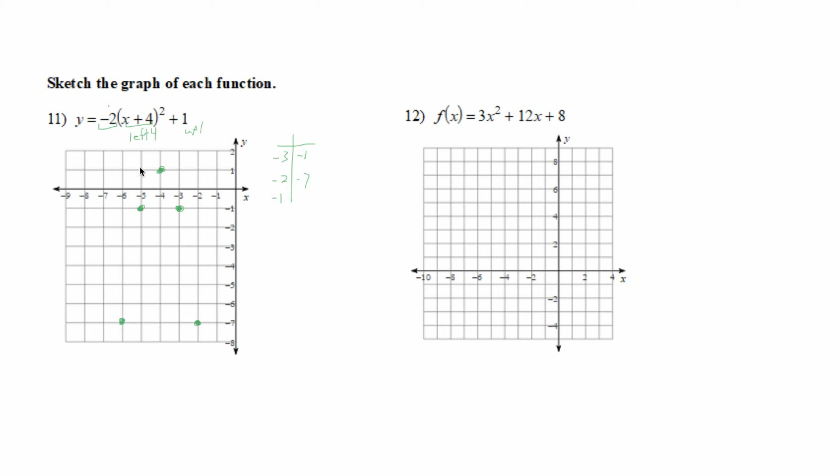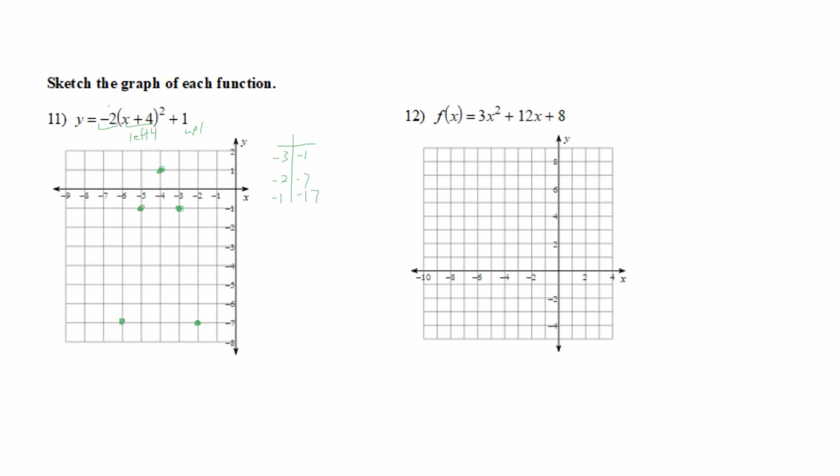Putting -1 in isn't going to be that helpful. I'll talk through it. This would be -1 plus 4 is 3. Squared is 9. Times -2 is -18 plus 1 is -17. Won't fit on our graph here. We can now graph this though.